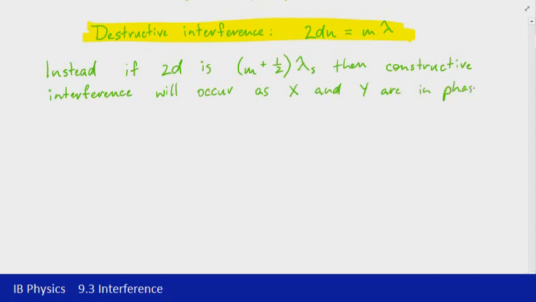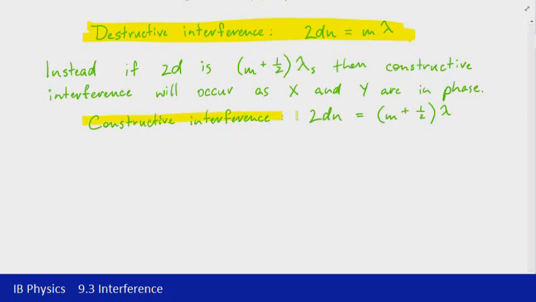And like I say, going through that same sort of process, you could then show that constructive interference for a thin film is going to occur when we have 2dn being equal to m plus a half times the wavelength lambda. So they're the two important equations looking at interference for thin films.